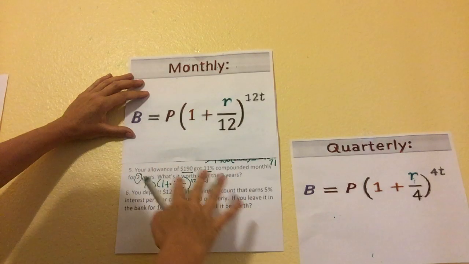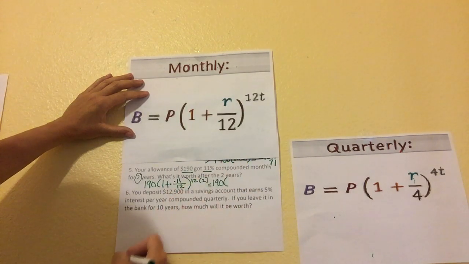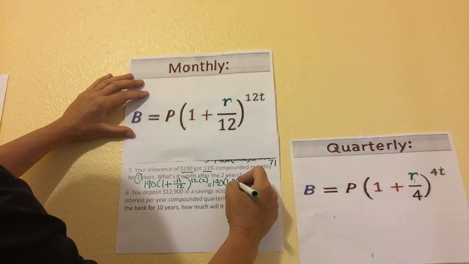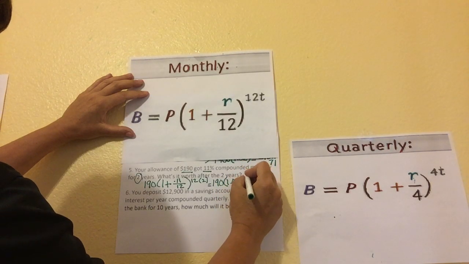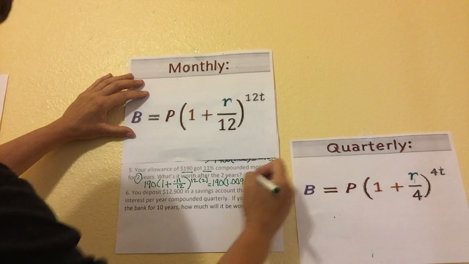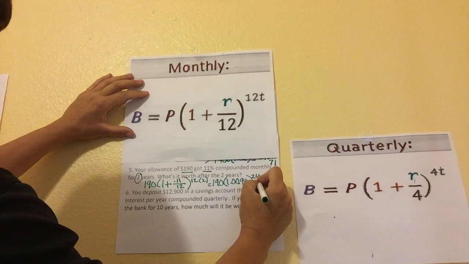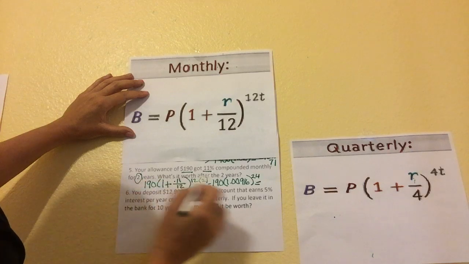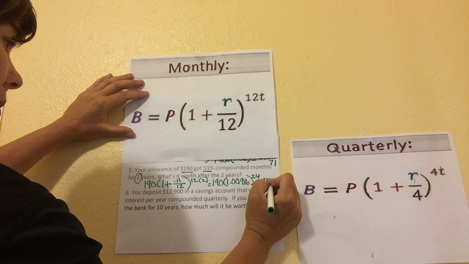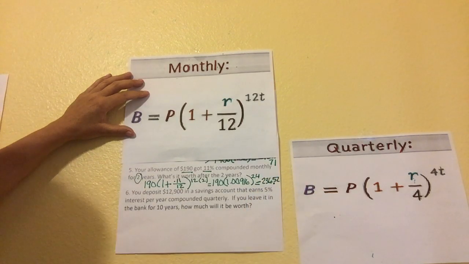So we'll combine this, okay, 190, and then we get 1.00916, okay, to the 24th power, because you have to multiply those together, okay? When we do that, we get $236.52, okay?